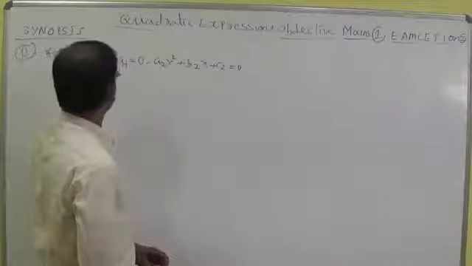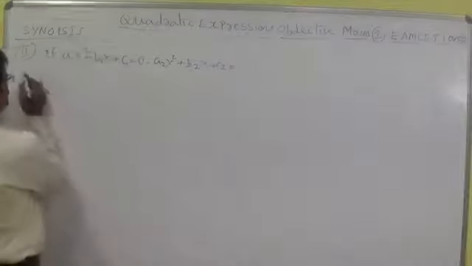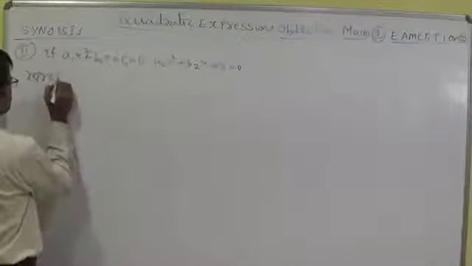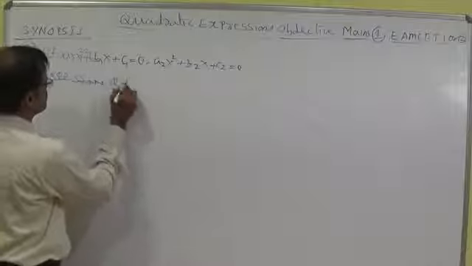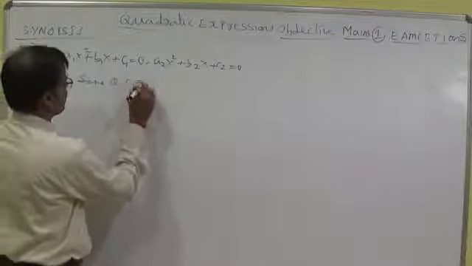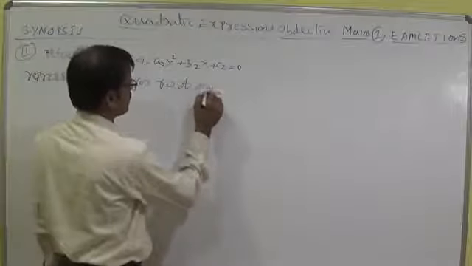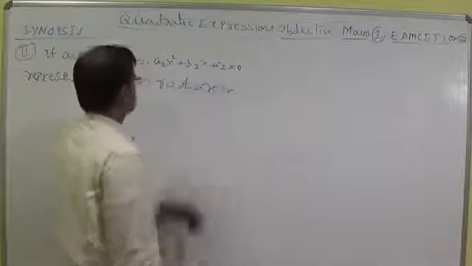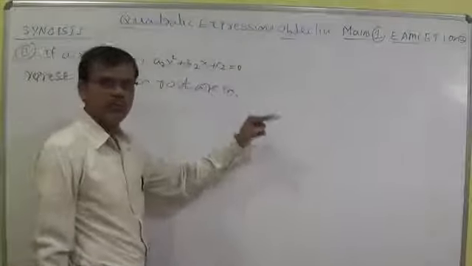If a1x square plus b1x plus c1 equal to 0 and a2x square plus b2x plus c2 equal to 0 represent the same quadratic equation, or the roots are in proportion, roots of this one and roots of this one are in proportion.